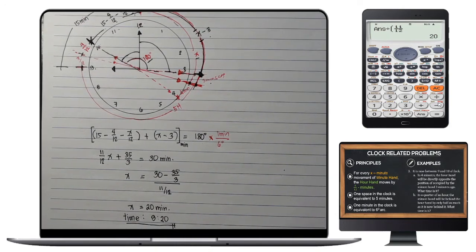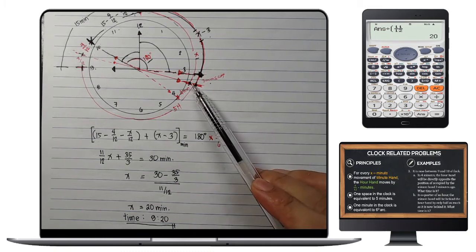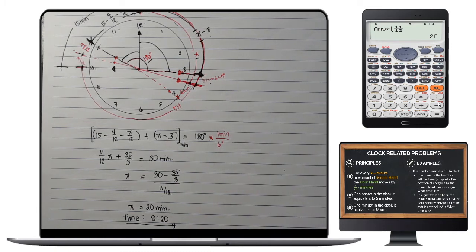So at 9:20, after 4 minutes, that is 9:24, the minute hand and the hour hand will be displaced by 180 degrees with respect to the position of the minute hand 3 minutes ago. That will happen when the time is 9:20.